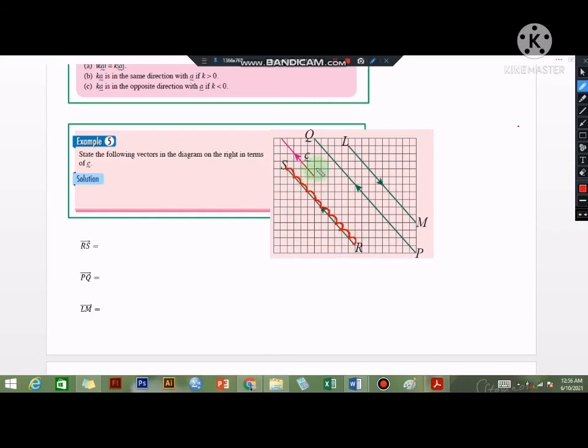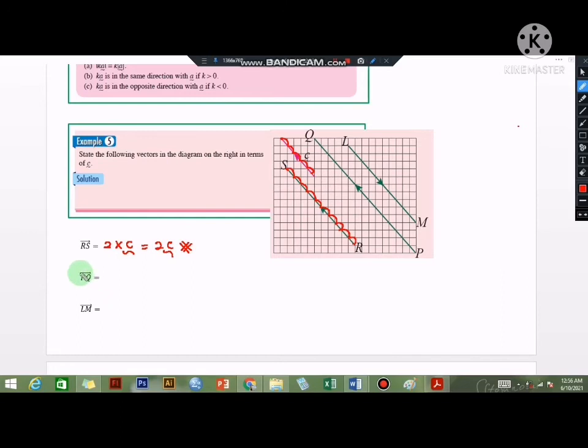Vector RS is 10 units, and vector C how many units? 1, 2, 3, 4, 5. So vector C is equal to 5 units. So what should you do to find vector RS? This one is 5 units, this one is 10 units. So it means that vector RS is equal to 2 times vector C, so it is 2C. That's it. This is the answer.